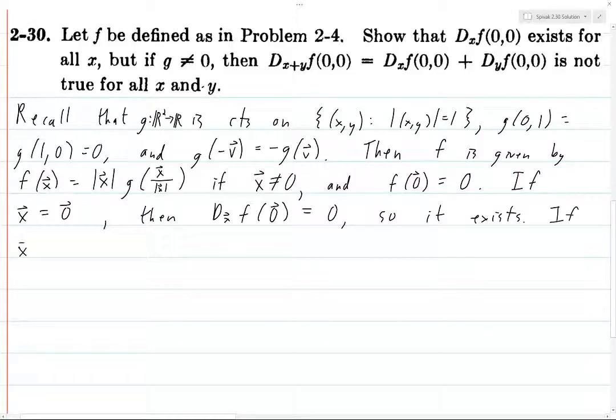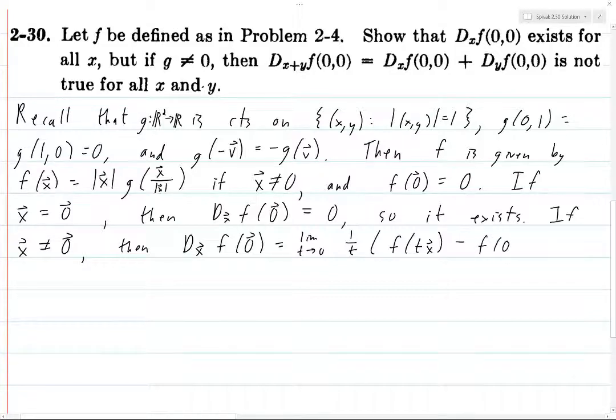If x is not the 0 vector, then D_x f at 0 is, by definition, the limit as t goes to 0 of 1 over t times f of t times x minus f of 0.